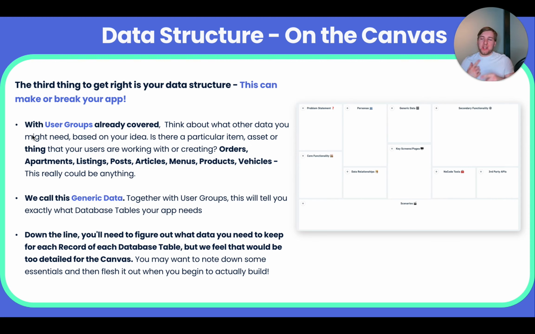But all of the individual data fields tend to add up, and it can be quite hard to figure out until you're either writing out the scenarios in detail, which we'll talk about later, or you're actually building it in your no-code app. So don't stress, don't sit there trying to figure out, okay, I need this, I need this, I need this, because we can tackle that later. As long as you know what broad pieces of data you've got, and you at least know in your head roughly what's going in there, you'll be fine. So with that covered, let's move on.